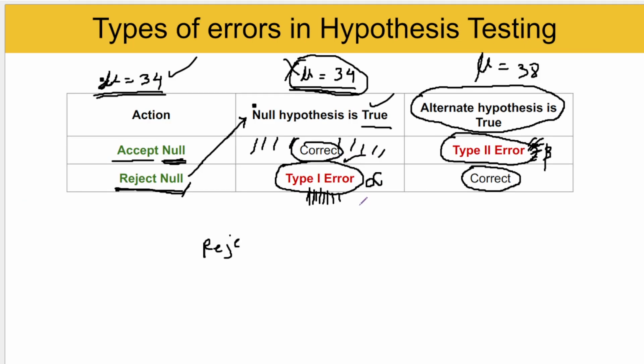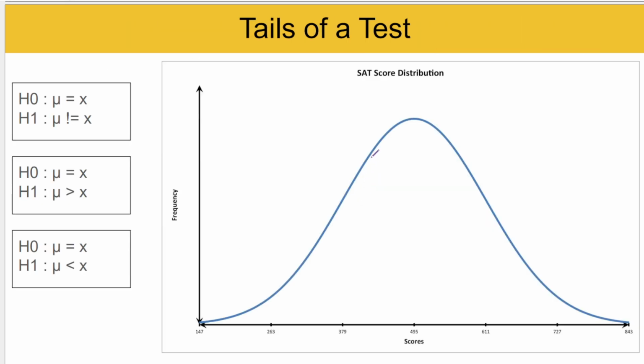Got my point? That's why we have drawn only normal, because once we know that the sample size is more than 30, we will assume that the mean of our samples is going to follow the normal distribution, and we are only looking at the mean. So what we are saying is that mean is equal to x or mean is not equal to x.